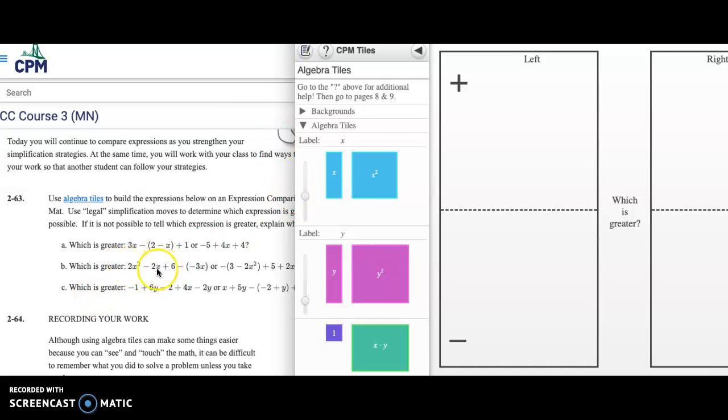So on the next one, on our left mat, let's see, we have two x squared tiles minus 2x's. So that means minus 2x is the same as negative 2x. So I'm going to put those out there. And then I have plus 6, so 6 positive ones.